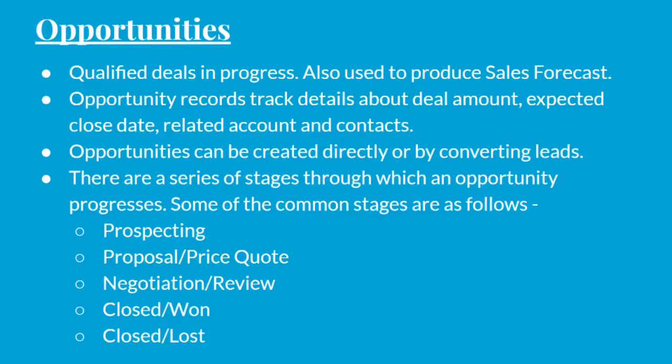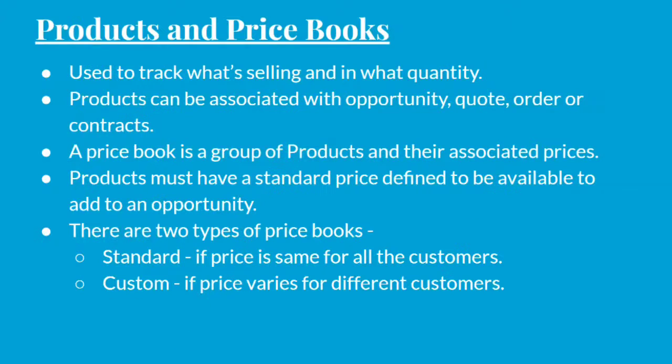The probability and forecast category will be attached to each and every stage. So it will guide you, okay, this much is the probability to get this deal closed successfully, or if you are using it for the sales forecast. Then once you have an opportunity, now if you're selling some products, it depends on what kind of thing you're selling.